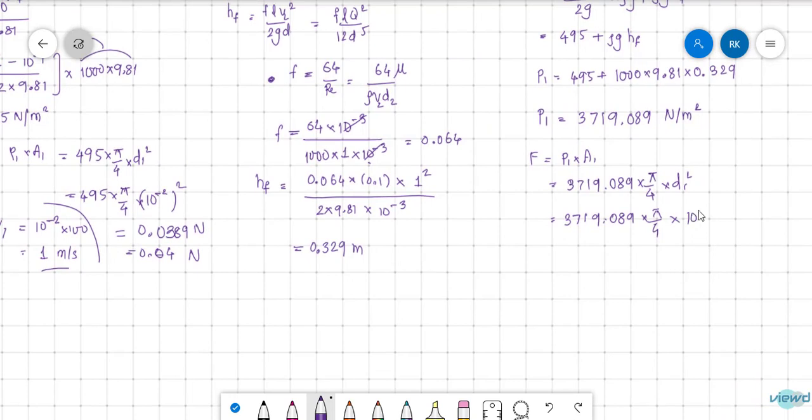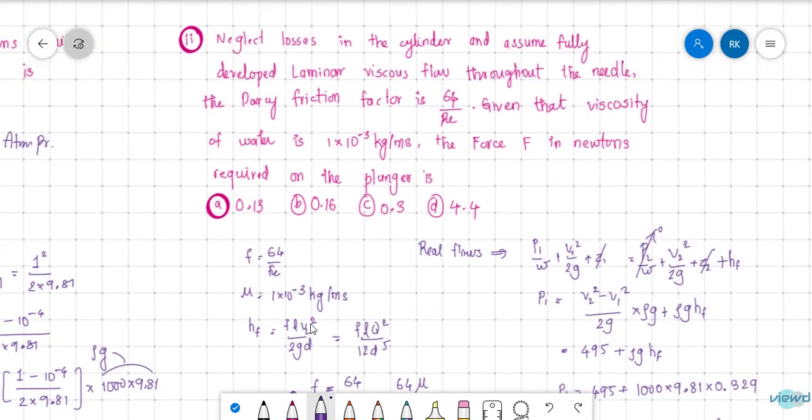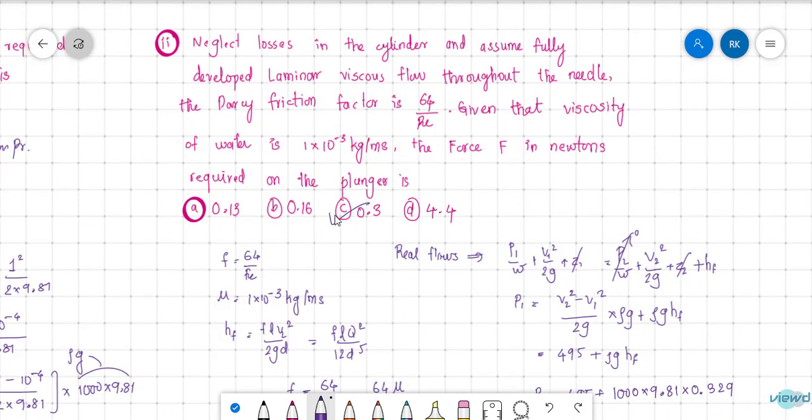So 10 power minus 2 whole square. Then force is equal to 0.292 Newton, rounding off to 0.3 Newton. So option C is the correct answer. So more force is required if it is a real flow, less force is required if it is an ideal flow.